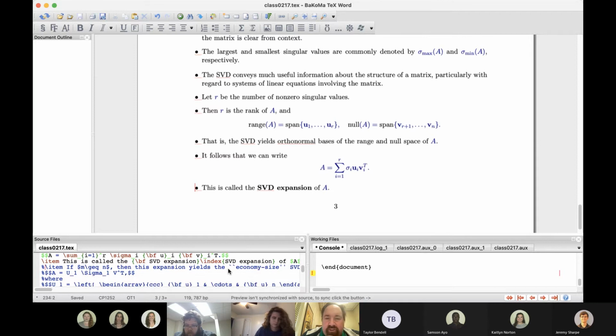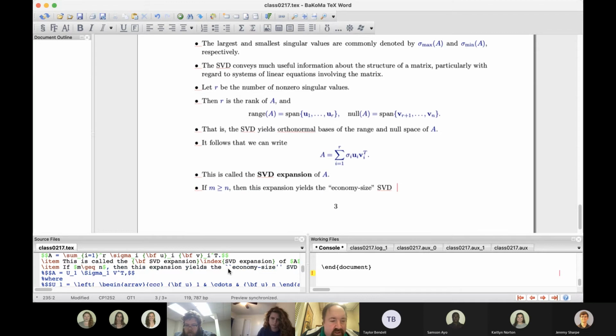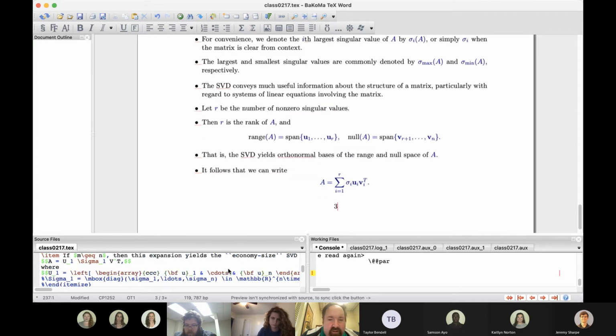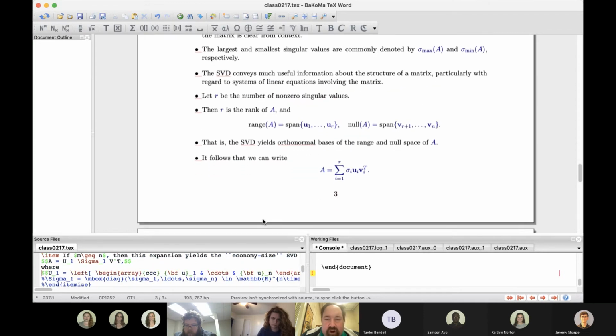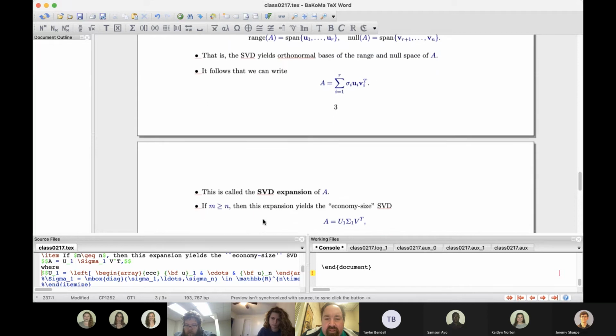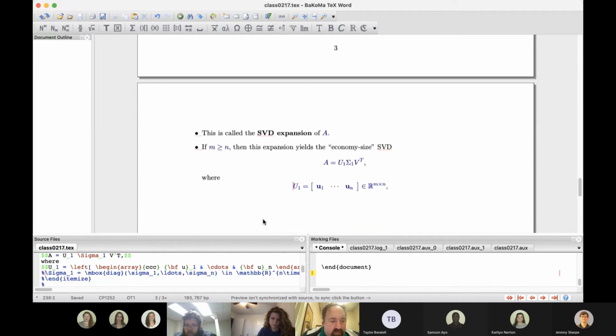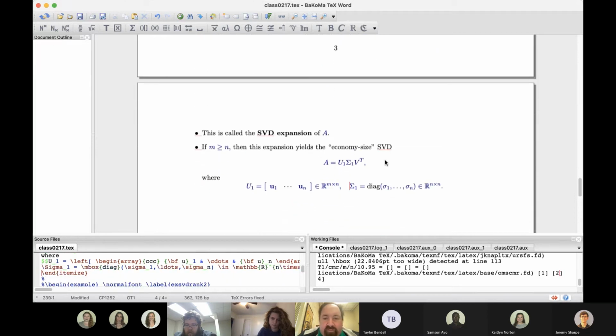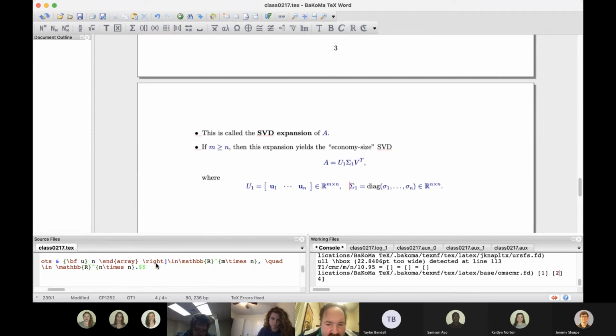So this leads to what is called an economy size SVD, just like we have an economy size QR. I can write A this way.